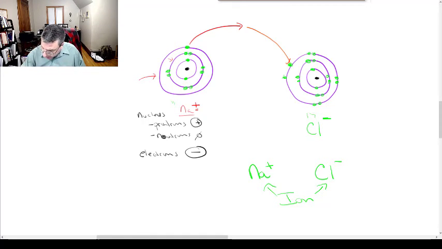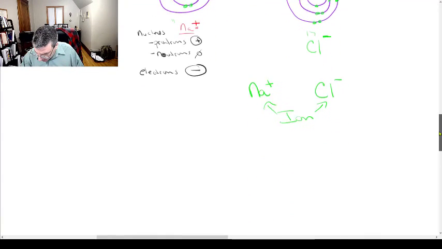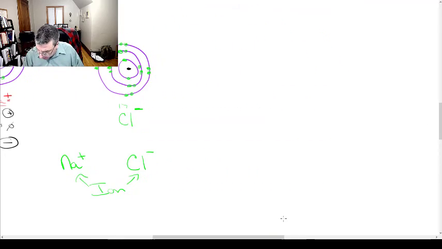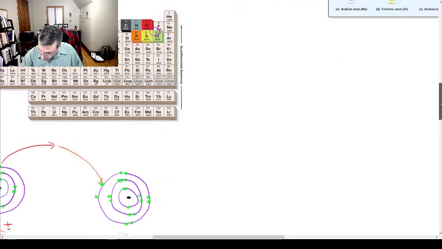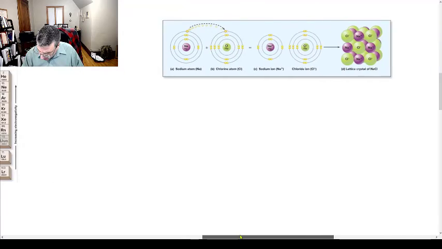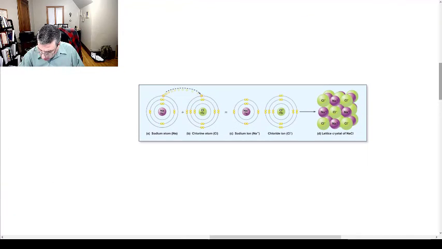So let's look at this, which is what I just drew a little bit easier. It shows it a little bit better to you on this one. This is what's called an ionic bond.